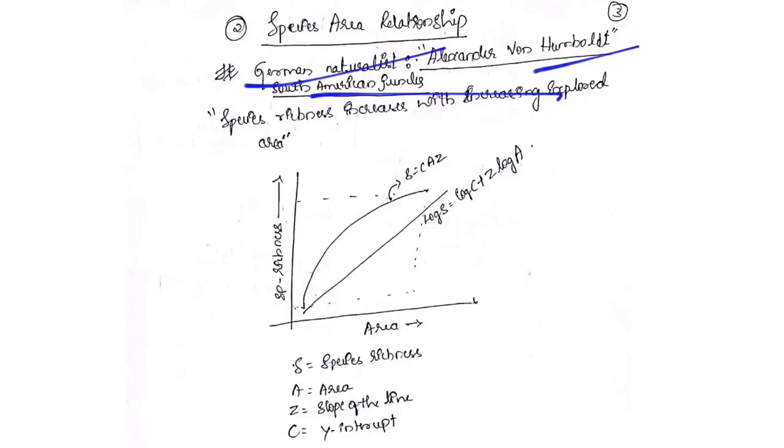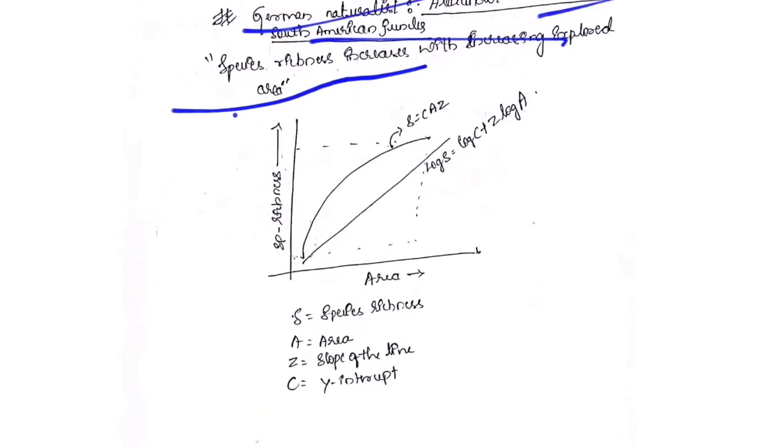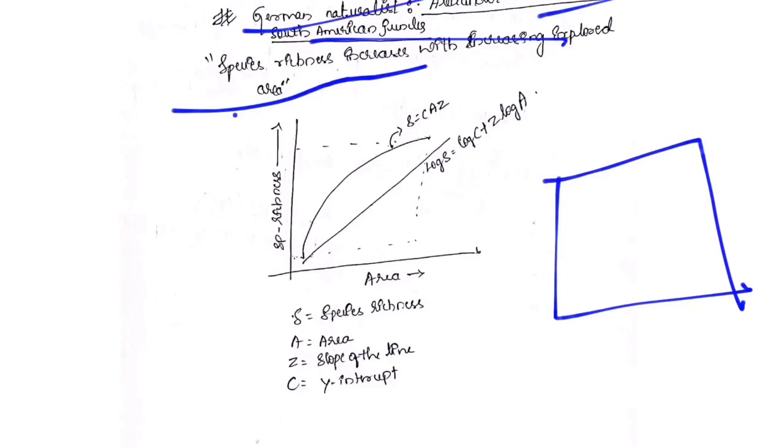He says that according to his observation, species richness increases with increasing explored area, but up to a certain limit. So, if we go into a habitat and start to explore how many species are there, the number of species starts to increase as the area increases, but up to a certain level.